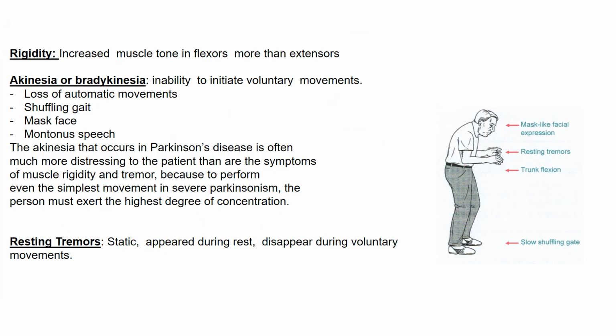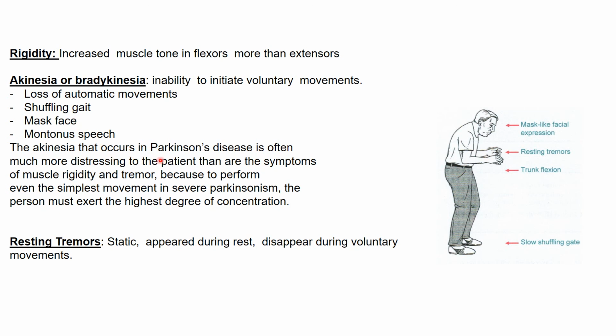If we look at the manifestations of Parkinsonism, there is rigidity with increase in the muscle tone in the flexors more than the extensors. So usually the subject has a flexion attitude. There is akinesia or bradykinesia, inability to initiate the voluntary movement, with loss of automatic movements, shuffling gait, mask face, monotonous speech.